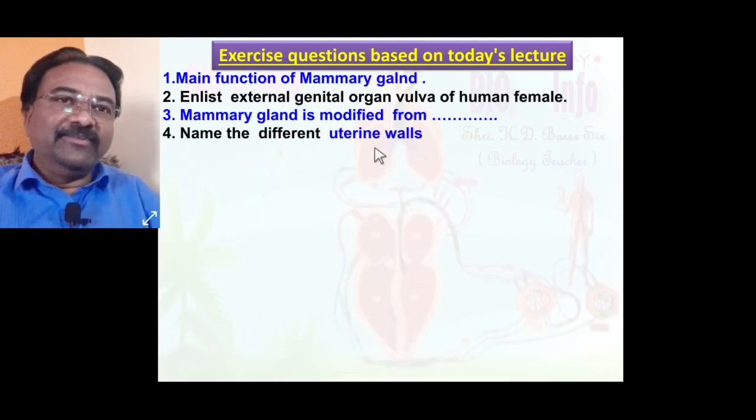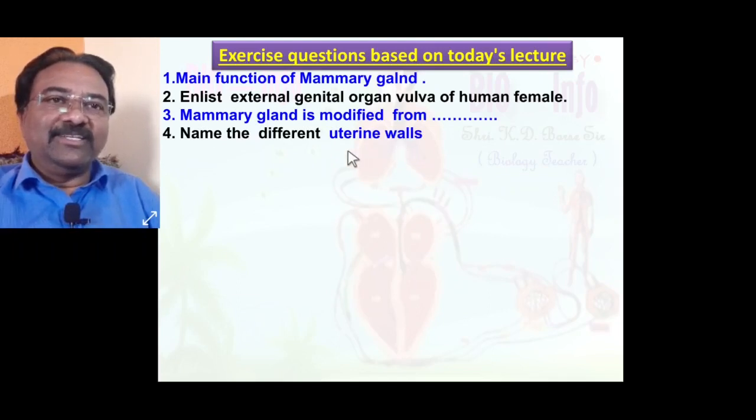Name the different uterine walls present in the uterus. Yes, perimetrium, myometrium and endometrium are the walls present in the uterus. Function of vagina?